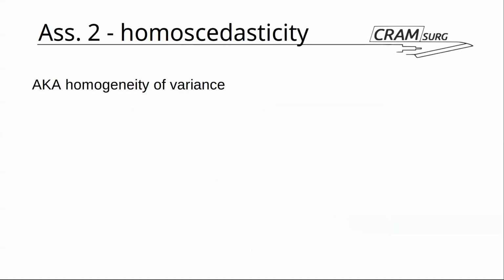The second very important assumption has to do with skedasticity. This test should be used only if your data is homoskedastic. What does that mean? It means that the variance of the populations you're testing fulfills a certain rule.